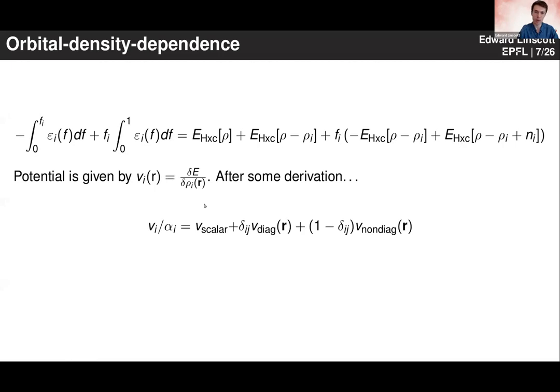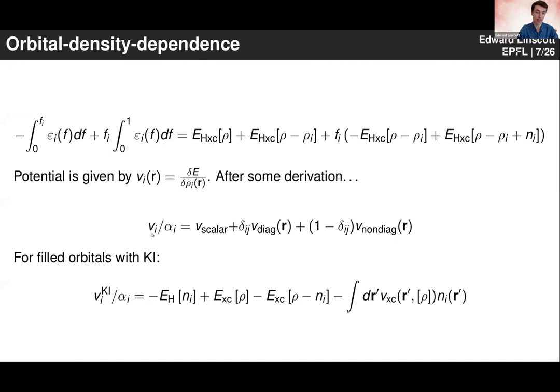So we've got this orbital density dependence. And specifically, if I now look at filled Koopmans orbitals with the KI flavor of Koopmans functionals, the diagonal potential and the non-diagonal potential actually vanish entirely, and all that is remaining is the scalar potential. So here's our potential, and it's simply a scalar value. You can see there's no spatial dependence at all.